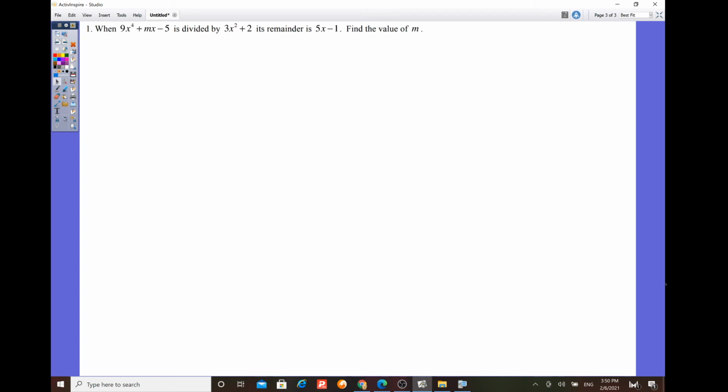So we know that the dividend is 9x to the 4th power plus mx minus 5, in notation. The divisor is 3x squared plus 2. See that it's non-linear because that's a quadratic. And we know that the remainder is 5x minus 1. Find the value of m.